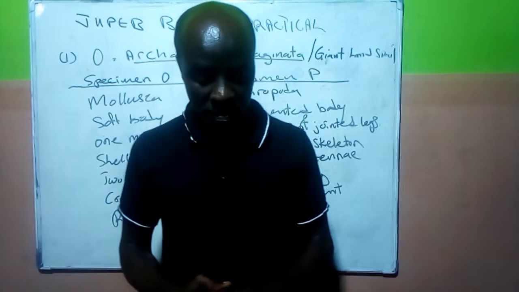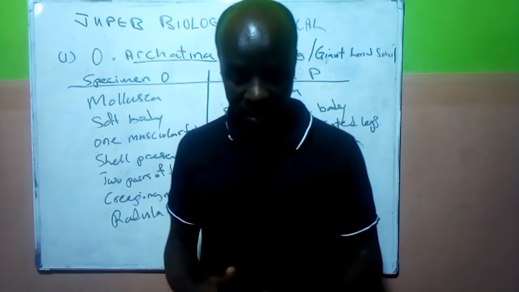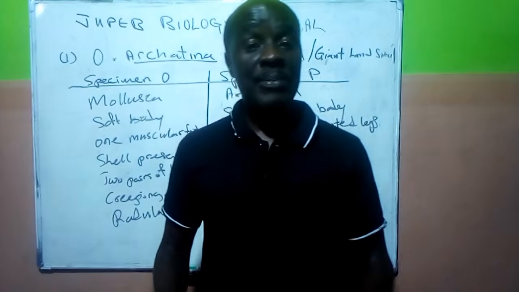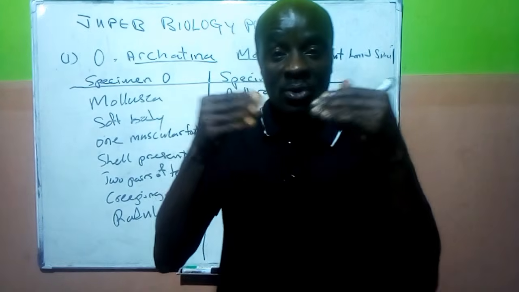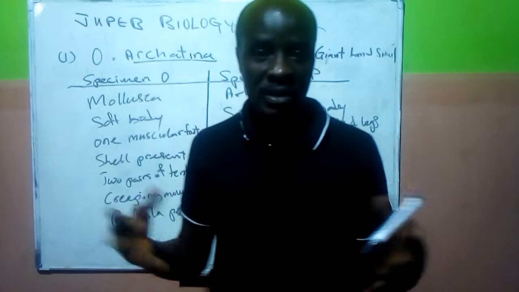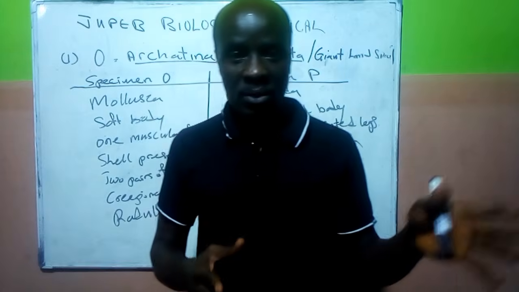They are also complex multicellular plants. They are non-vascular. What we mean by being non-vascular is that they don't have conducting tissues. So most of the things that happen are by simple diffusion.